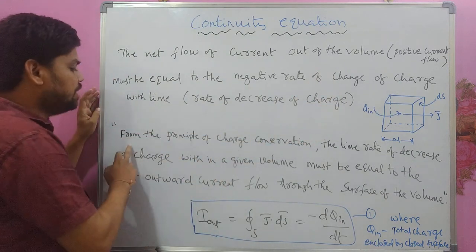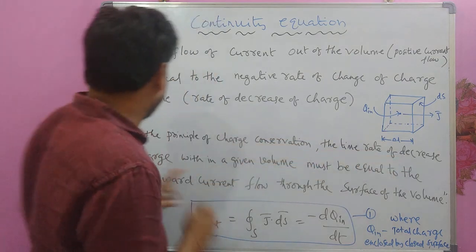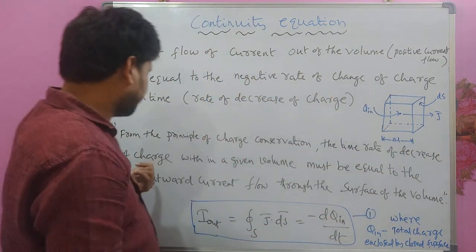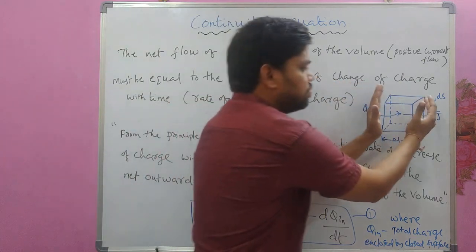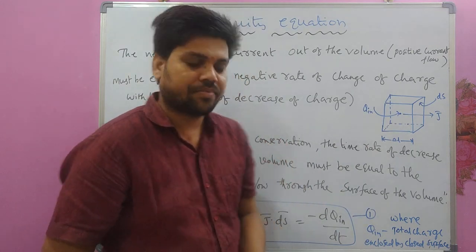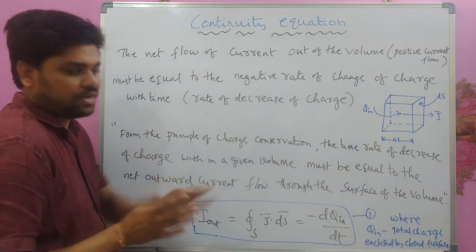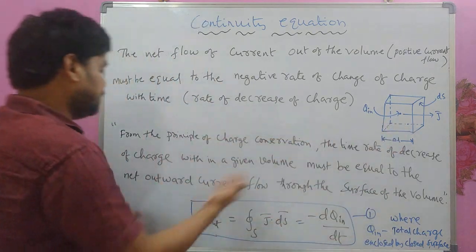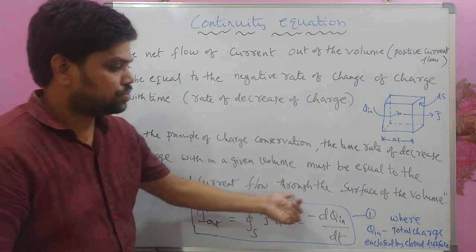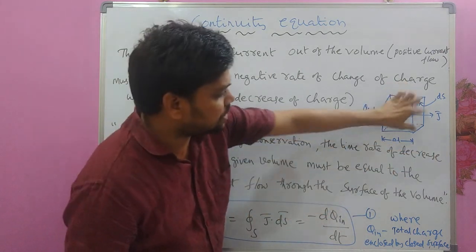From that we can write that the time rate of decrease of charge within a given volume, in this particular volume where Q charge is there initially, must be equal to the outward current flow through the surface of this volume. Don't confuse, through the surface of this volume.